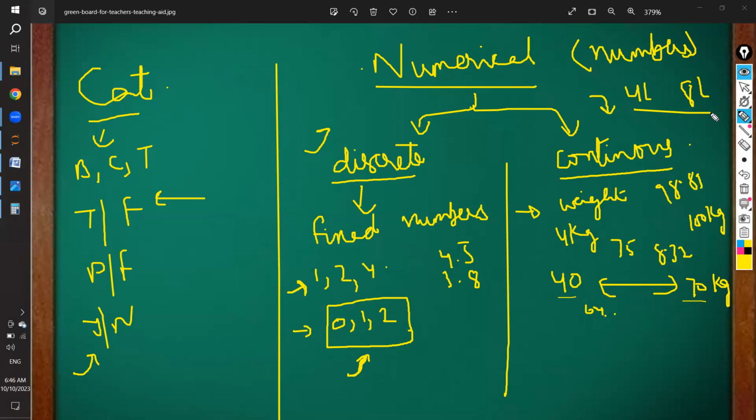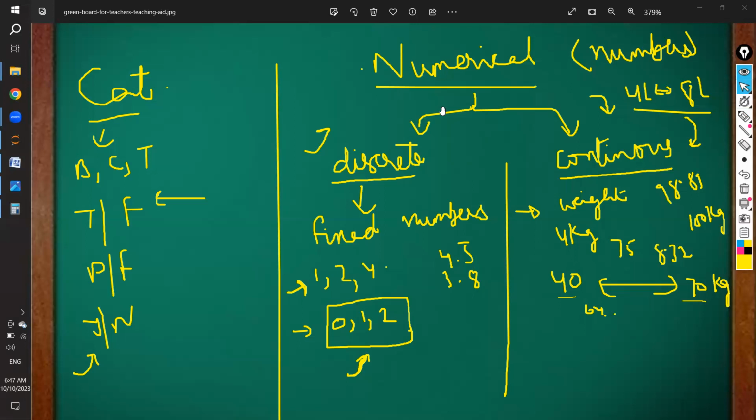So innumerable, uncountable values are possible between this range. That's why you cannot count them, and that's why these are called continuous values. Is this clear, guys? I need to know. Did you understand categorical and numerical? Yes, Santosh.